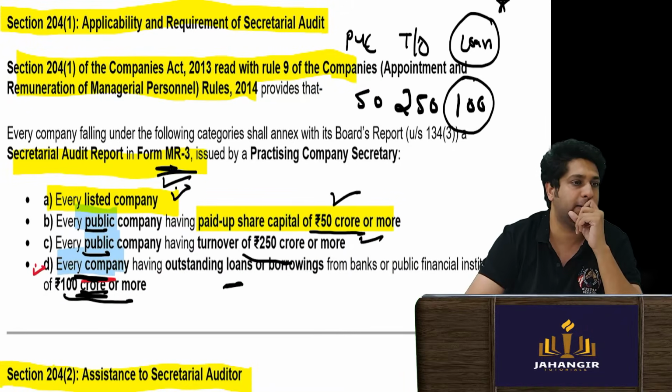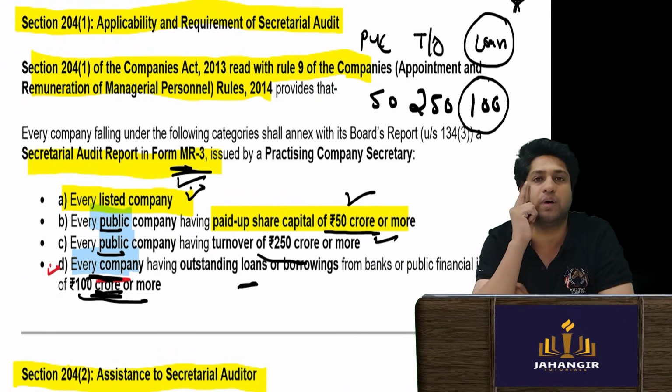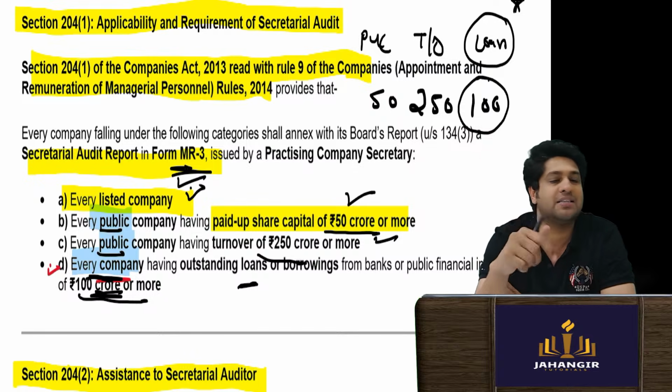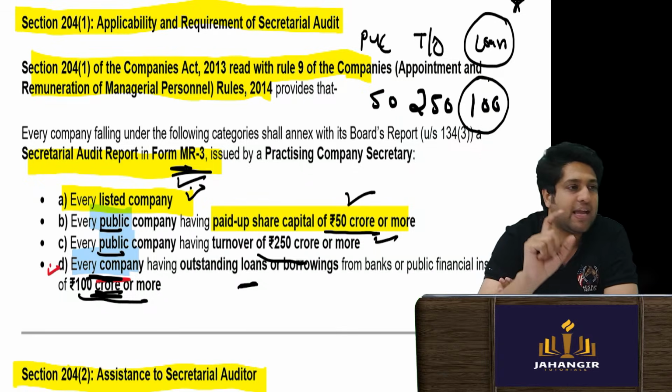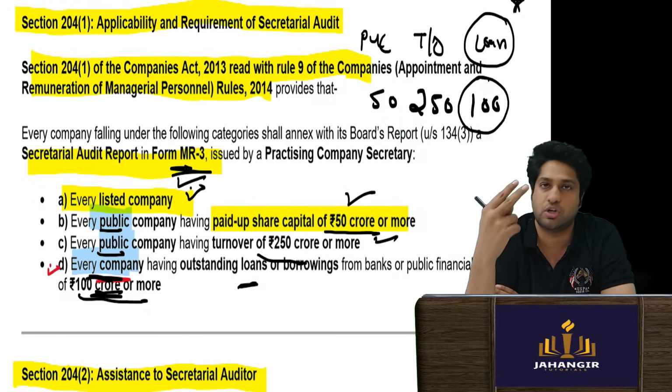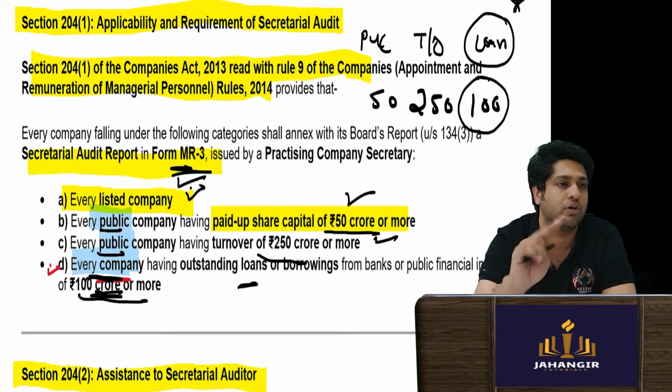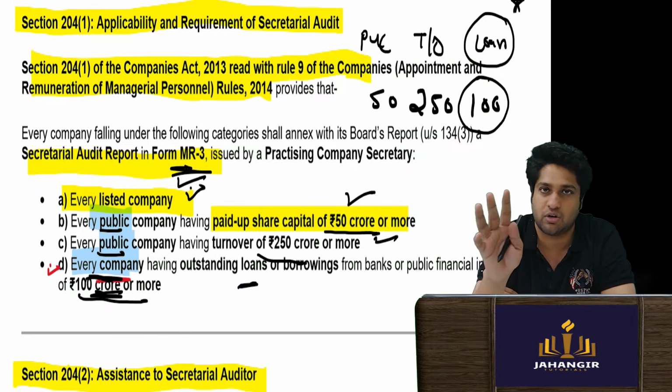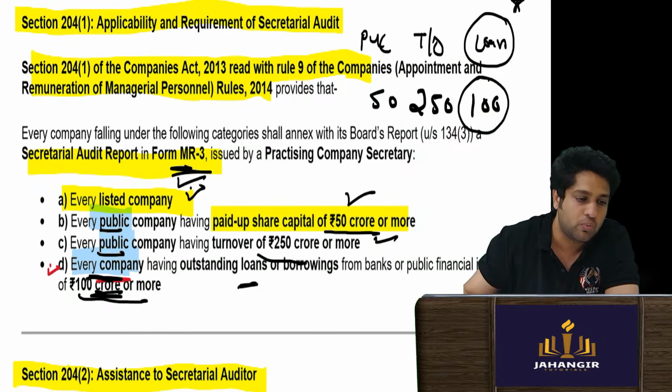Section 204, I already told you, is about who requires a secretarial audit to be done. So every single company which has a paid up capital of 50 crores or turnover of 250 crores or a loan amount of 100 crores needs to get a secretarial audit done. The secretarial audit report will be in MR-3. Simple.